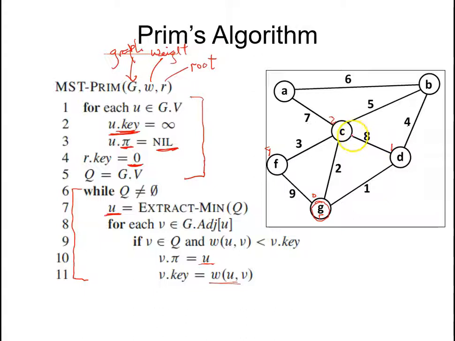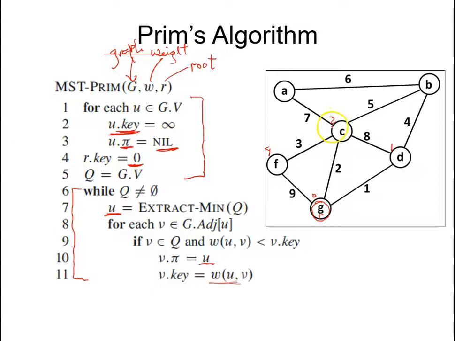Okay, C is in the queue. Okay, and the weight of UV, that's the weight connecting C and D, is 8. It's not less than C's key value. C's key value is 2.